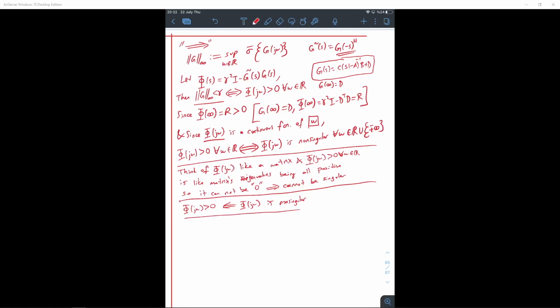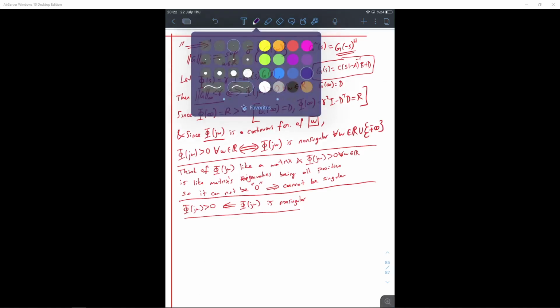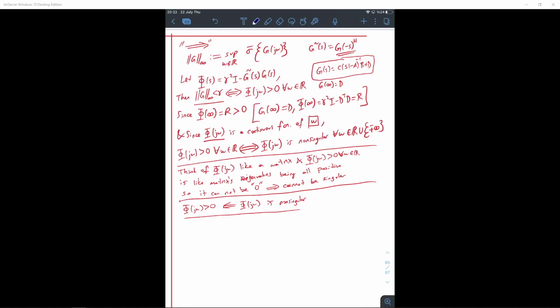well, let's remember one thing. What was it? Yes, here is the key statement. Phi of j omega is a continuous function of omega. Okay, this is a continuous function.